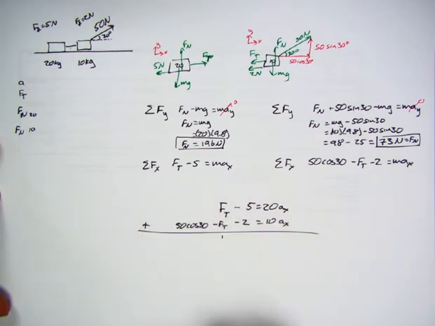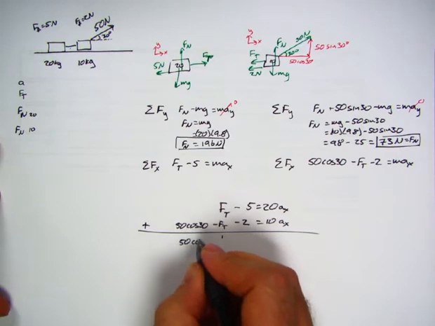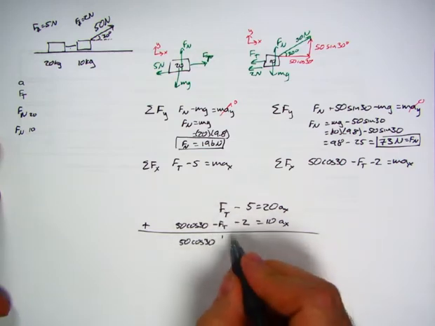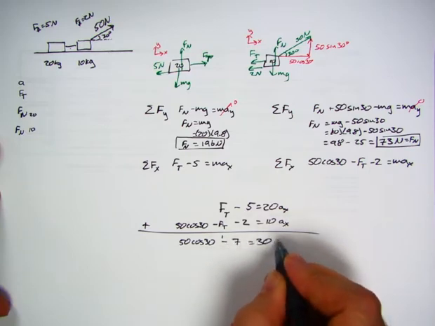And again, it's a pretty straightforward elimination. Add those equations: 50 cosine 30 minus 7 equals 30 a_x.